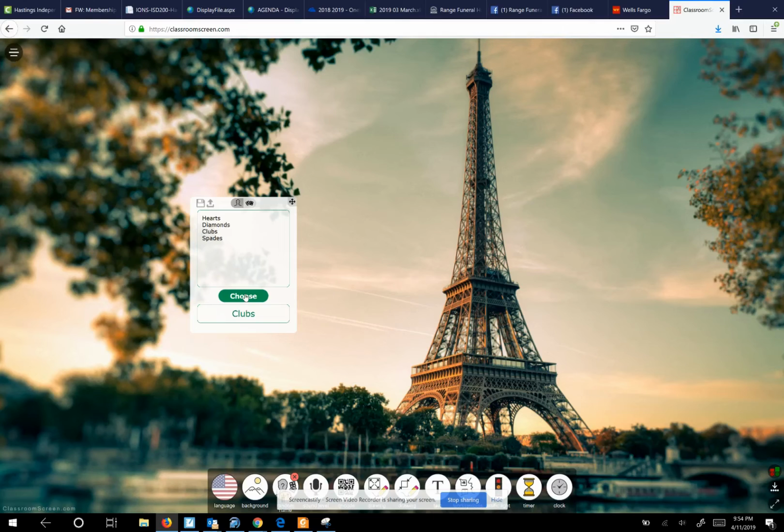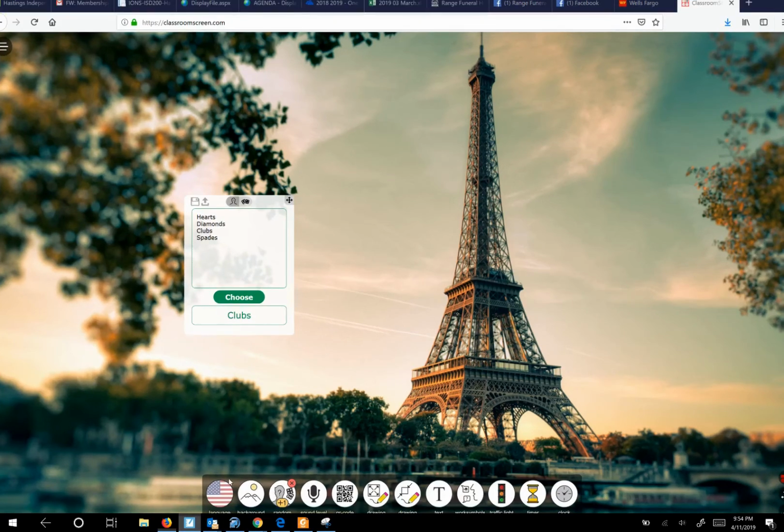Clubs, spades, hearts, hearts again, clubs. All right, I'm going to stop and do a little update here so I make sure that we're being accurate.